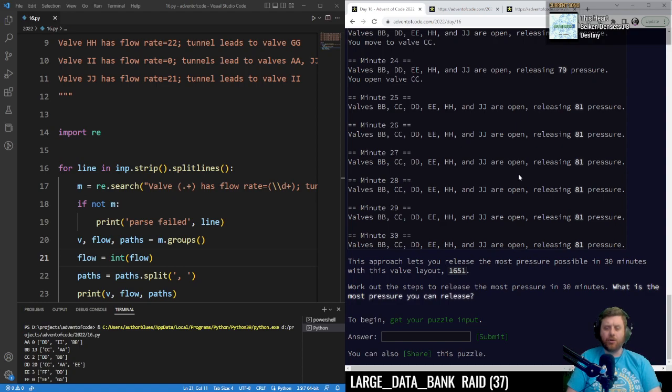The thing is you're trying to find the most pressure, right? So it would be possible to write sort of an inverted branch and bound algorithm, kind of, right?